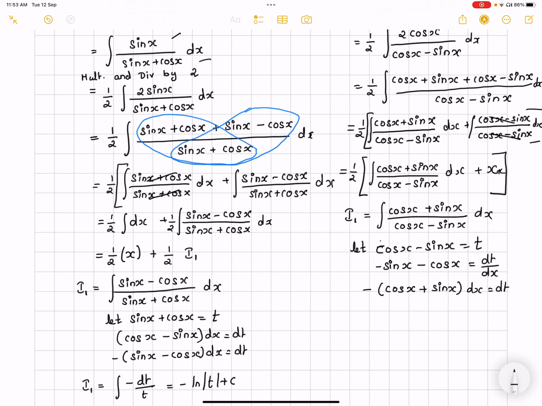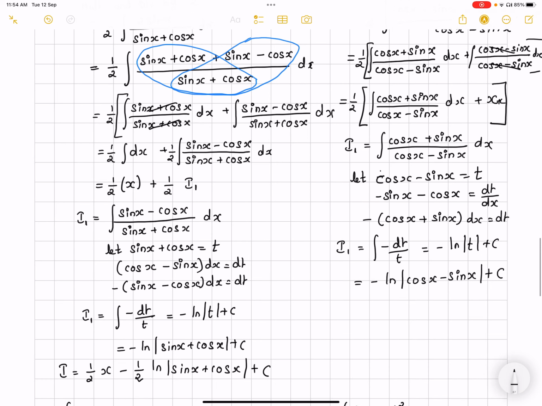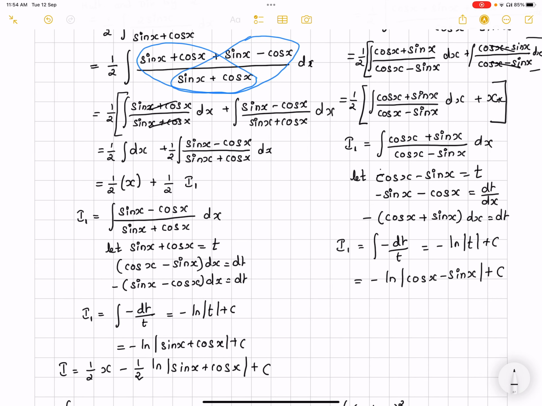Now let me do the changes in our I1, converting the variable x to t. I would be having minus dt divided by t. So minus would be coming out, and then ln of mod t plus c, which is equal to minus ln of, what is my t actually, cos x minus sin x plus c. Now let's go ahead and replace it back.